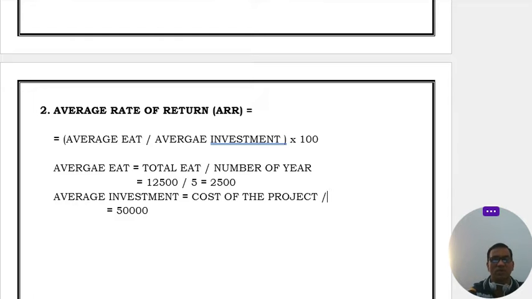If you have scrap value, you subtract it before dividing by 2. Here there is no scrap value, so 50,000 divided by 2 equals 25,000.